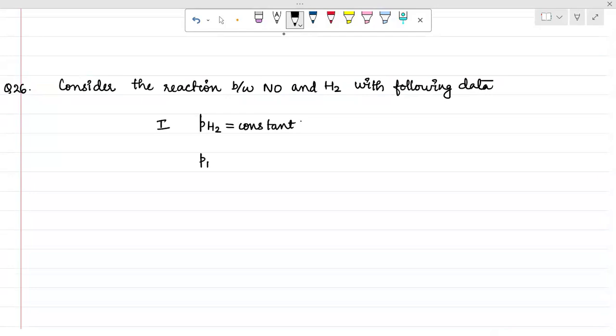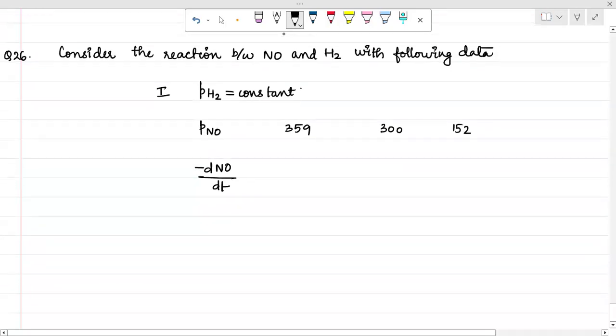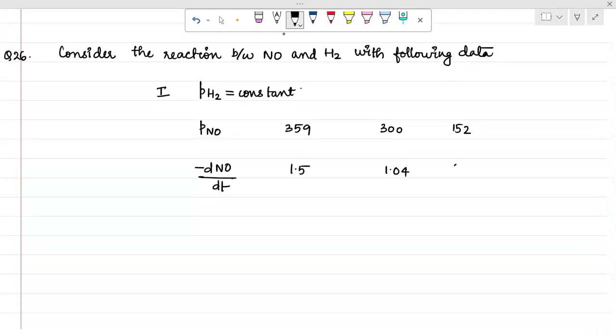They have given the data for NO and the disappearance of NO with time. So it is 359, 300, 152. We have already done a similar problem. The rates are 1.5, 1.04, 0.25.